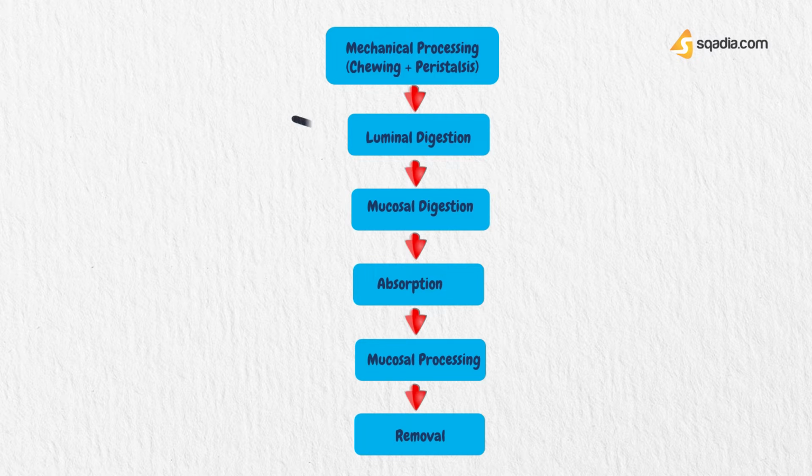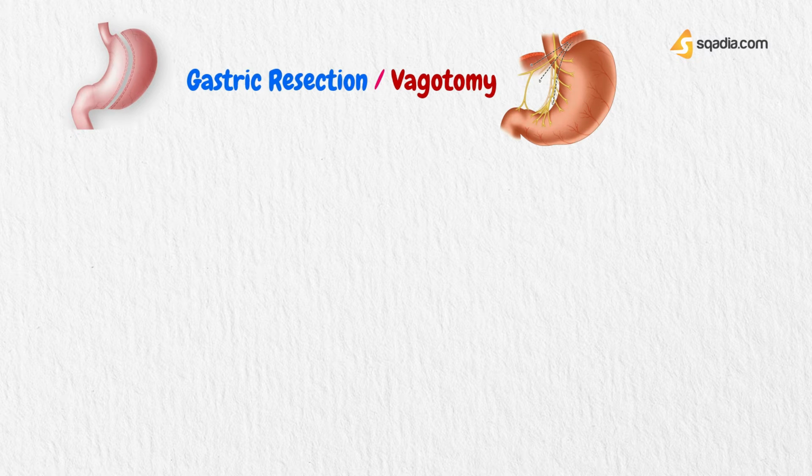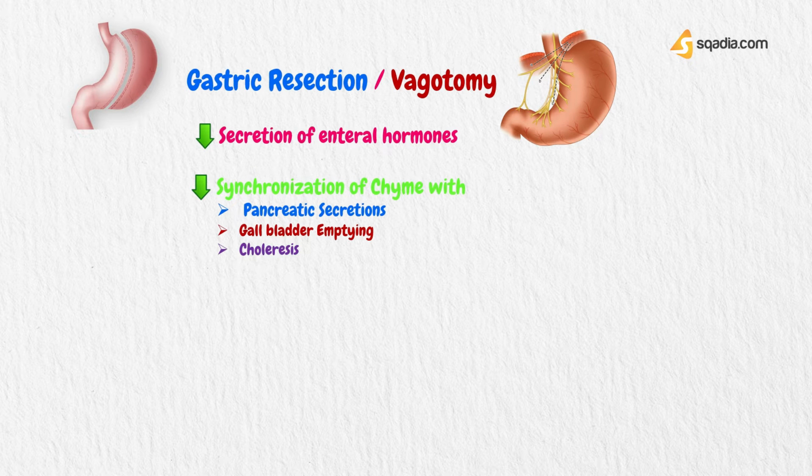Let us focus on luminal digestion first. We'll start with the stomach. After gastric resection or vagotomy, the stimulation of enteral hormones, for example CCK, is reduced, the main function of which is to slow down gastric emptying, and there is less synchronization of release of acid-rich pulpy fluid coming from the stomach, called chyme, with pancreatic secretion, gallbladder emptying, and cholerasis, which means secretion of bile by liver into gallbladder.